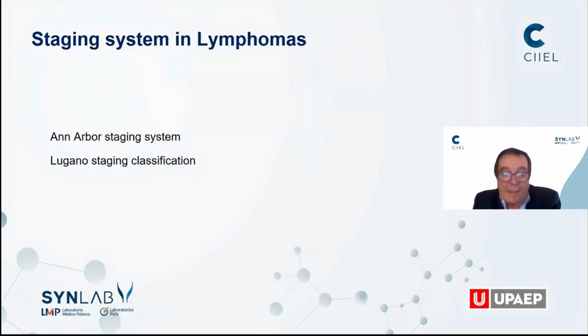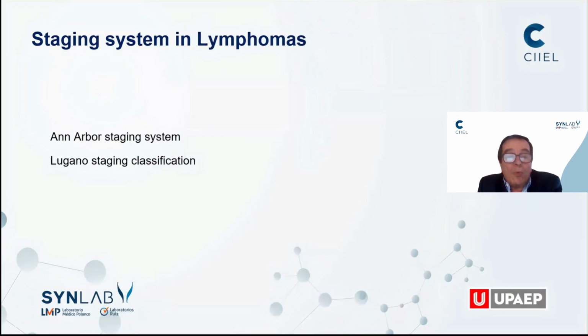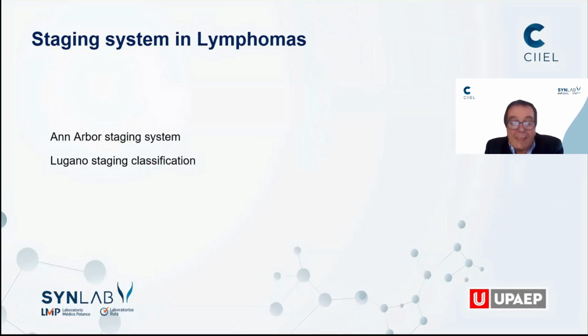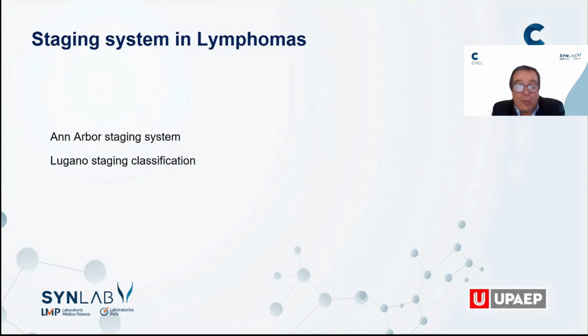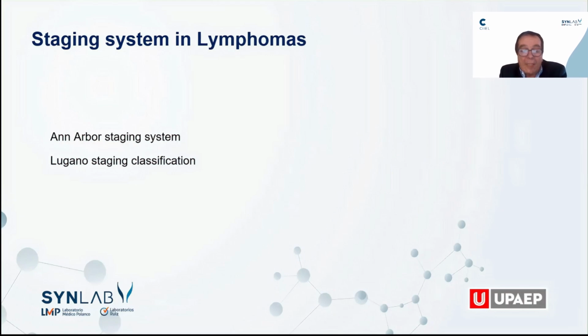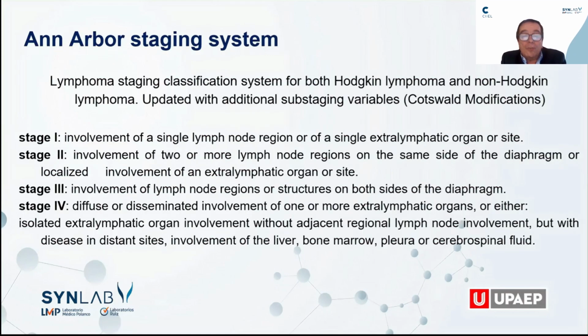For the staging of lymphoma, we have two main systems, the Ann Arbor staging system and the Lugano staging classification. In the Ann Arbor system, we have to take into account the extent of the disease, for example, one or more nodes involved, the site above or below the diaphragm, and the extranodal localization.